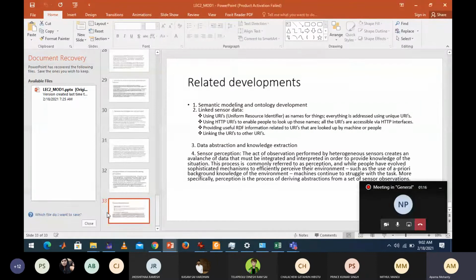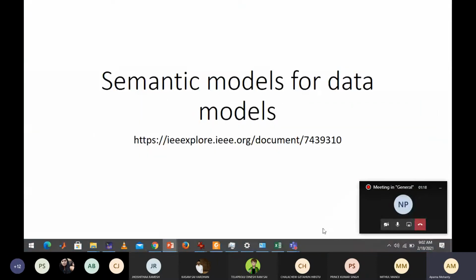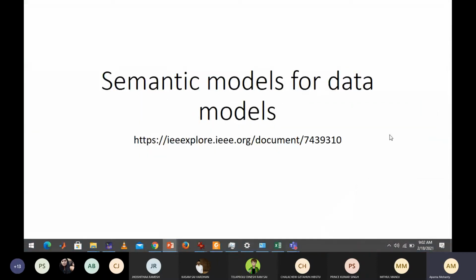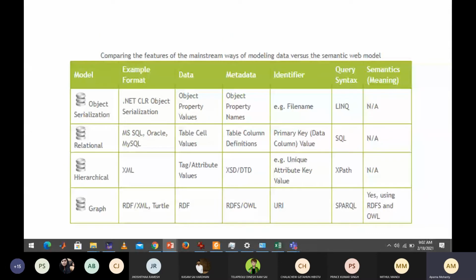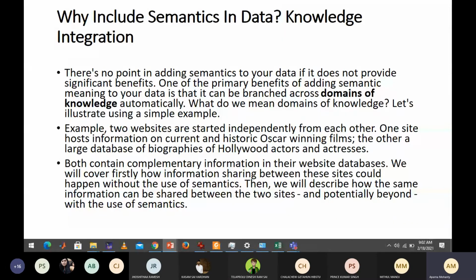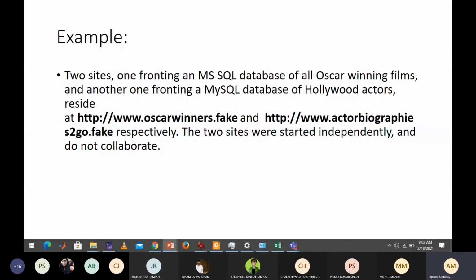So in the first module, we had discussed semantic models. So what are semantic models? I told you that there is something called semantics. Semantics means the meaning. Whatever exists, we see various kinds of data in this world, but not all the data carries information.